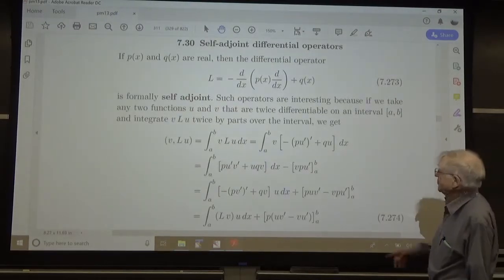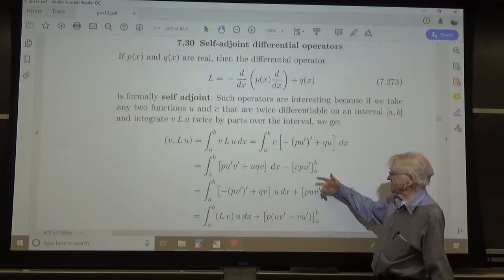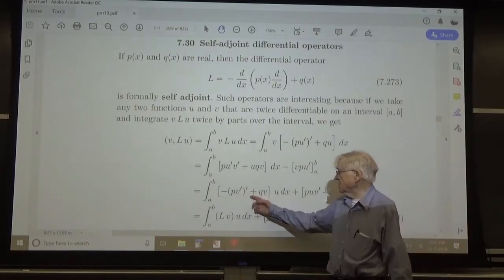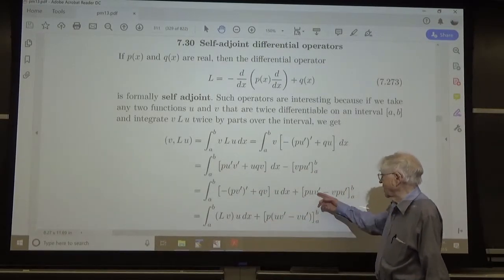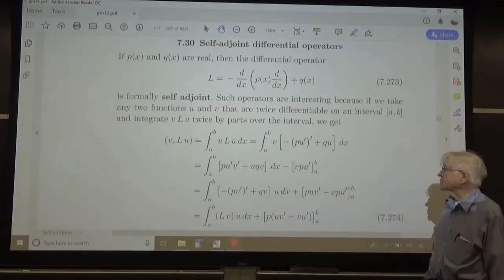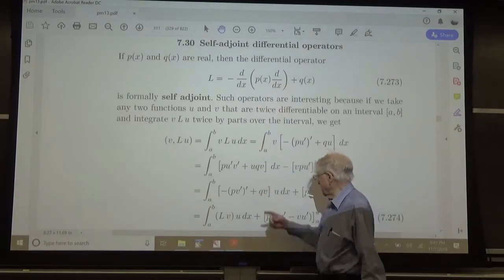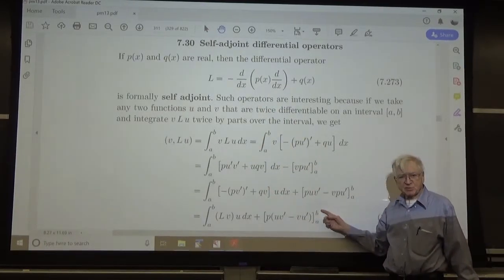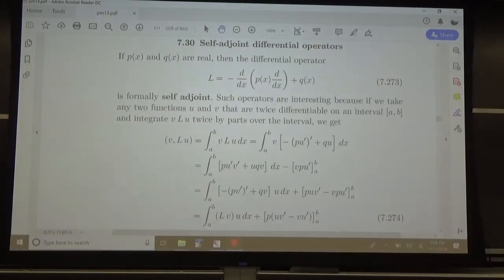Now, if you integrate by parts once, you get that. You integrate by parts a second time, you get this expression here, which is L acting on v plus some boundary terms. And the boundary terms are the function p times the Wronskian evaluated at two points, b and a, and you take the difference of the two.